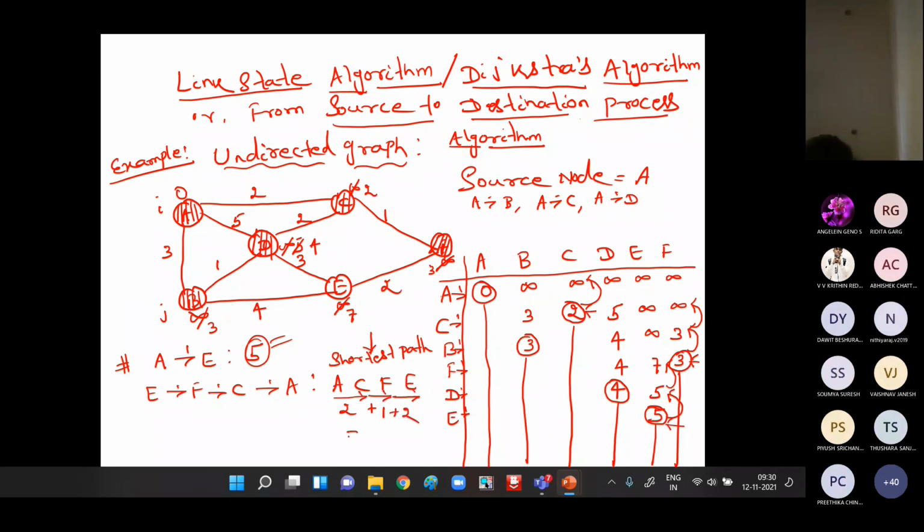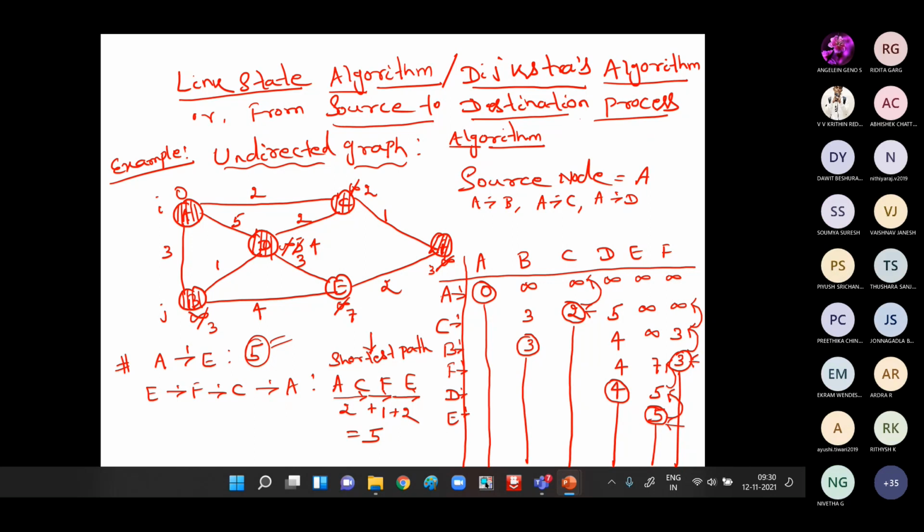Now check: 2 plus 1 plus 2 is 5. In this way we can calculate the shortest distance value for the given node as well as the shortest path between them. That's all. Any doubt up to this?